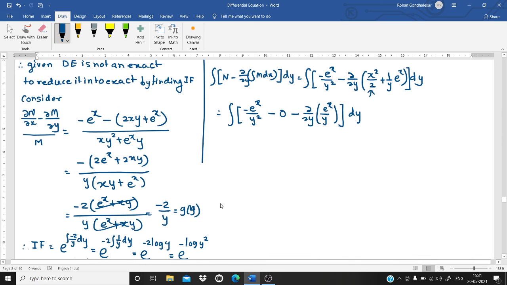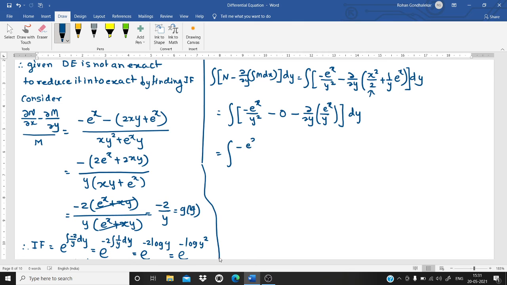Okay, so this is equals to integral of minus e raised to x upon y square. This minus as it is, e raised to x as it is, 1 upon y, derivative is minus 1 upon y square. So after rearranging the terms, minus e raised to x upon y square, minus minus become plus e raised to x upon y square.